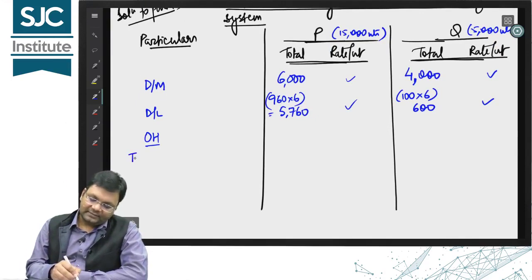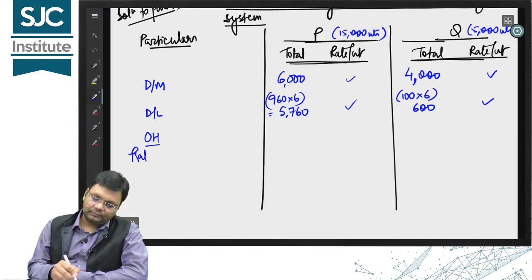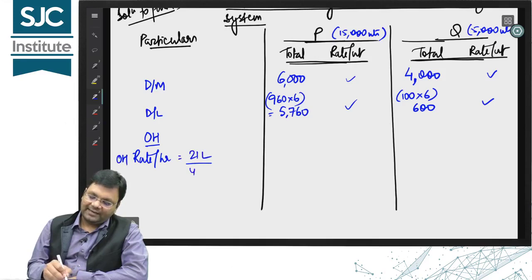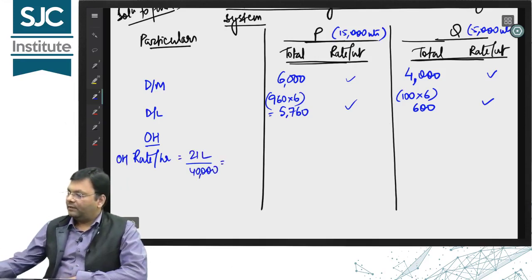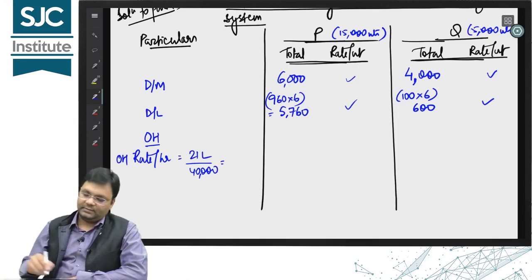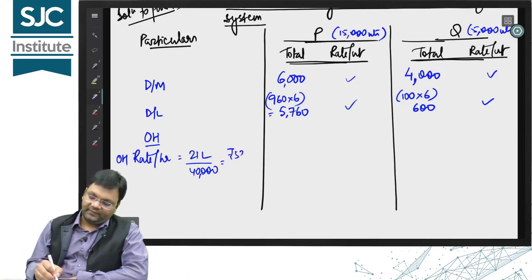For overheads, first we need the overhead rate. Overhead rate per hour is 21 lakh by 40,000, which is 52.5 per labor hour.